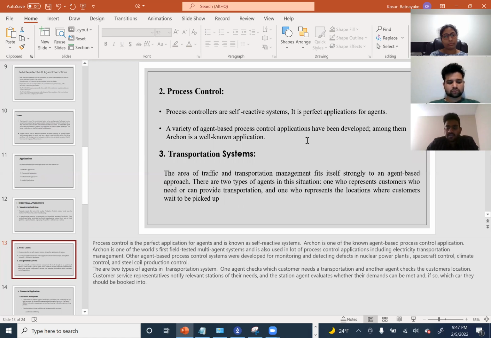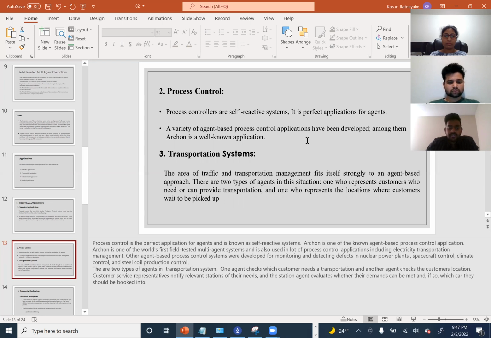ARCHON is one of the known agent-based process control applications. ARCHON is one of the world's first field-tested multi-agent systems and is also used in a lot of process control applications, including electricity transportation management. Other agent-based process control systems were developed for monitoring and detecting defects in nuclear power plants, spacecraft control, climate control, and steel coil production control.